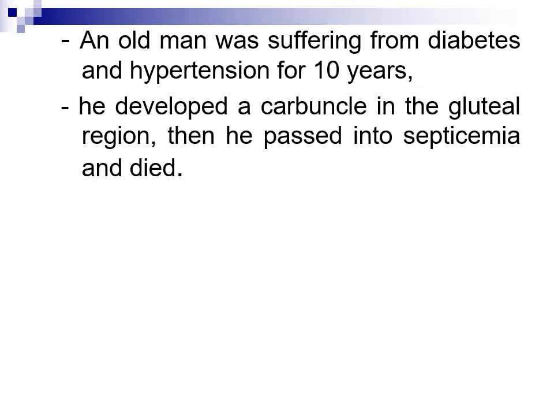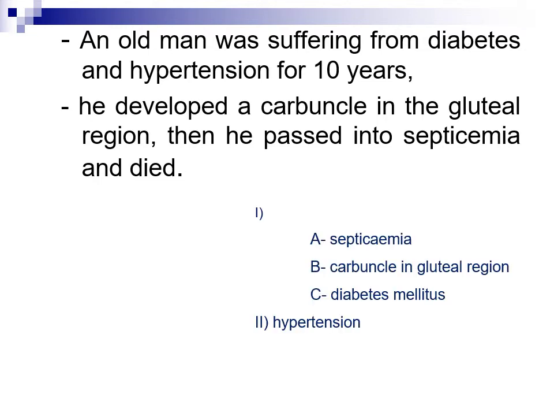It's commonly known that it's very common for diabetic patients to develop carbuncles. So we can say that diabetes mellitus would be the cause of carbuncle in the gluteal region. So A would be septicemia, B carbuncle in gluteal region, C diabetes mellitus.